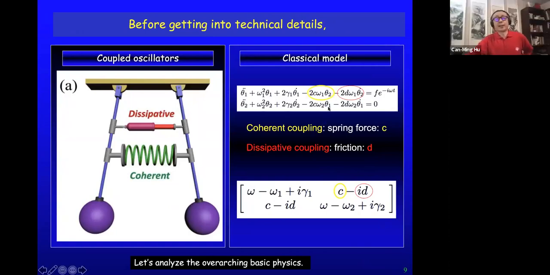It's connected, it's linked to that, but probably it's easier to see if you look at this very simple model. You say, I have these two oscillators, between them I have a spring and a dashpot. Then I have a spring force, which is proportional to the displacement. Spring force is Kx, where x is theta, the degree of displacement of the pendulum. Now, the frictional force, for example the Lenz effect, is related to the changing of the flux.